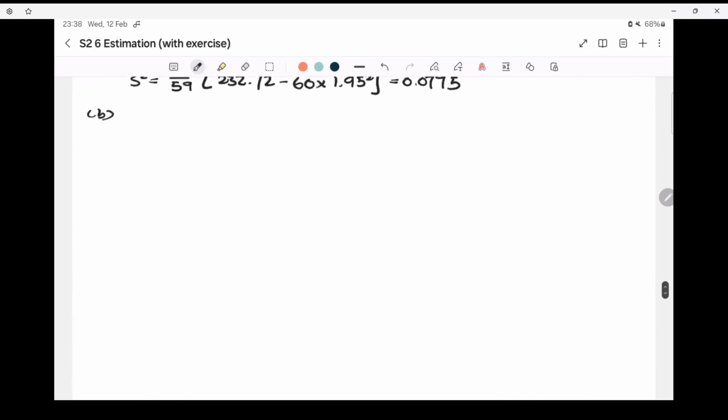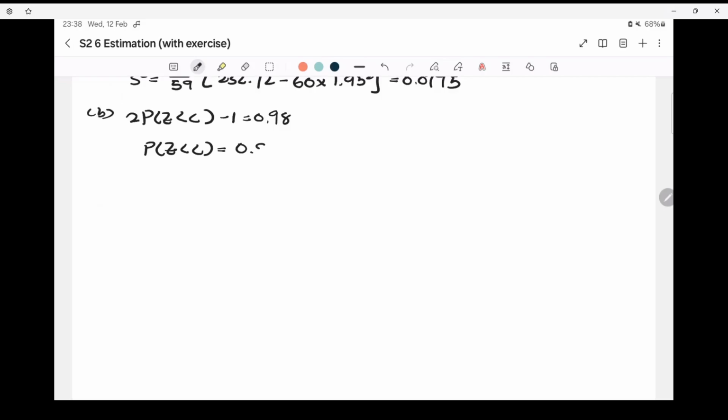So I can directly just write 2 times P(Z smaller than C) minus 1 equals to 98% confidence interval. So P(Z smaller than C) will be equal to 0.99. So now let's find out what is the value of C using the table. That will be 2.326. This is reading from a table.